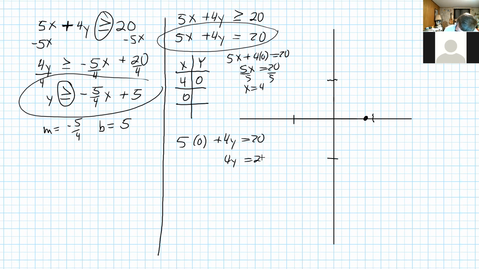So 4y equals 20. Divide both sides by 4, and y equals 5. So 0, 5 is the y-intercept. Now, going back and looking, the original inequality did include the equals. So that means that we are going to draw a solid line.